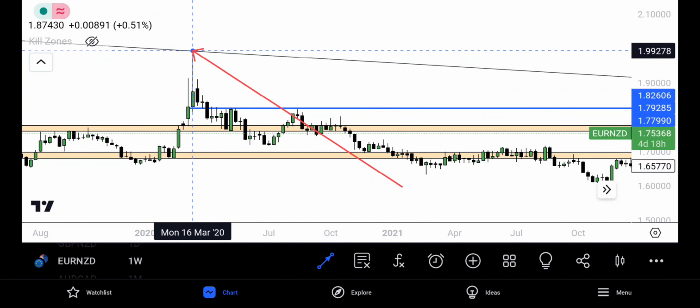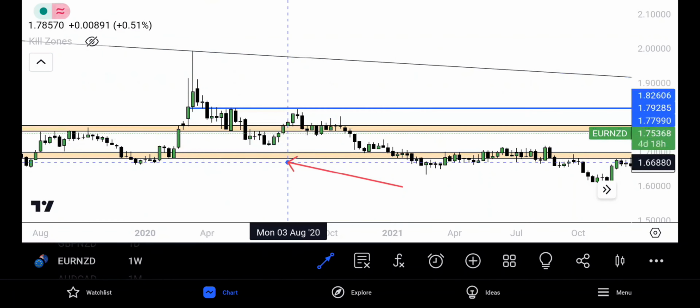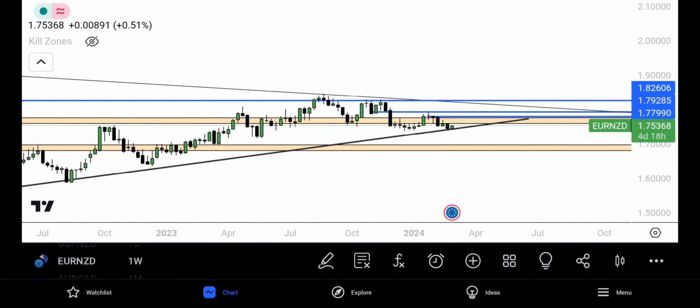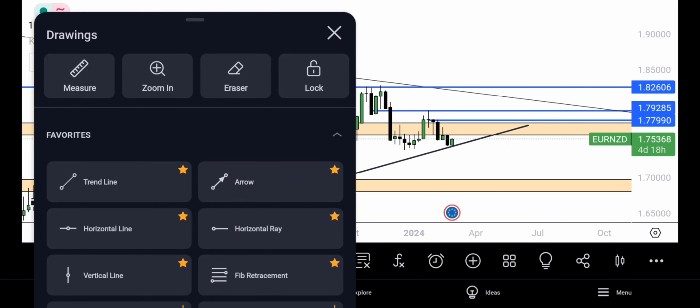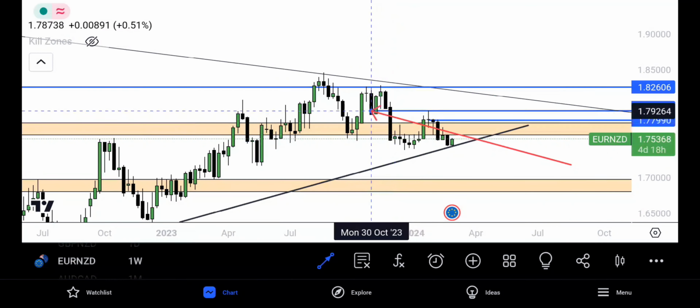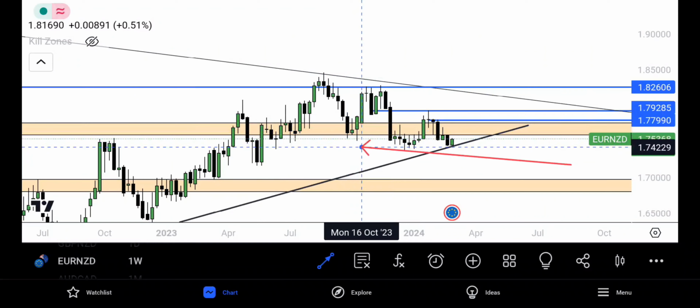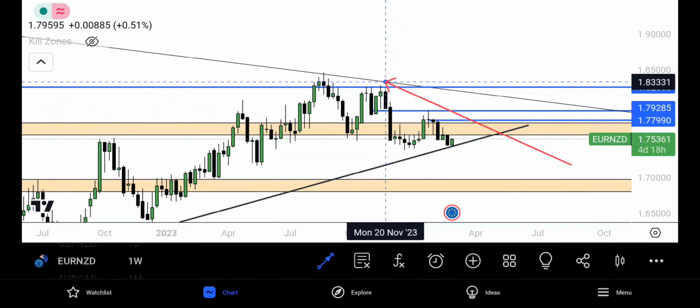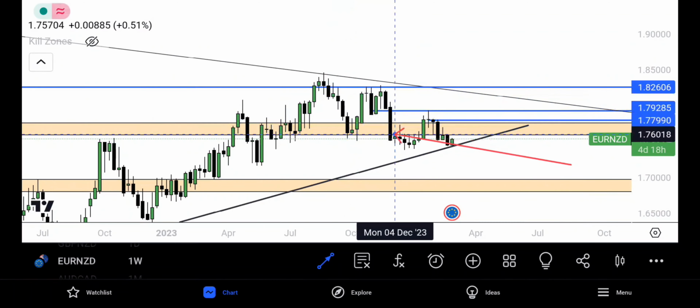You can see this tap on the trend line, came down, right? And if you also look at this level here, you can also see this new one, tap on the trend line, went down, came very close to tapping on the trend line again, and then we are down, right? But this is just very easy to spot out, right?